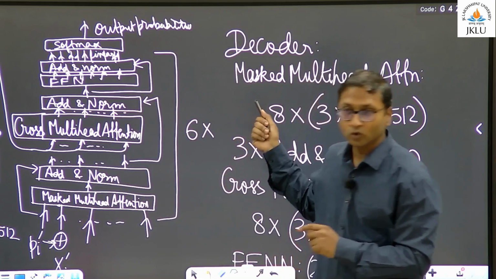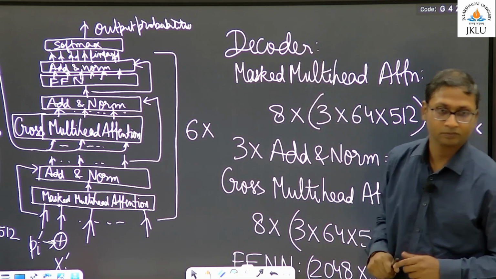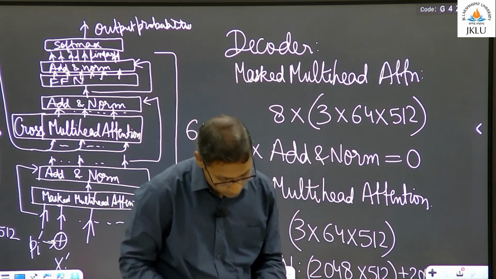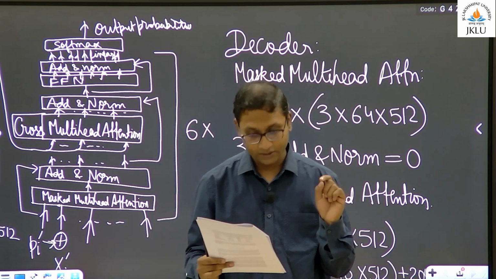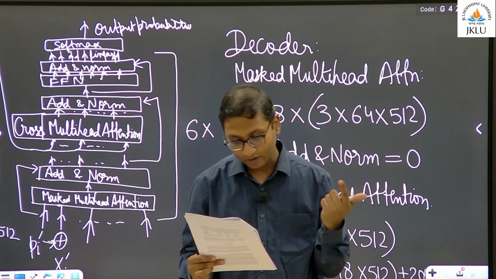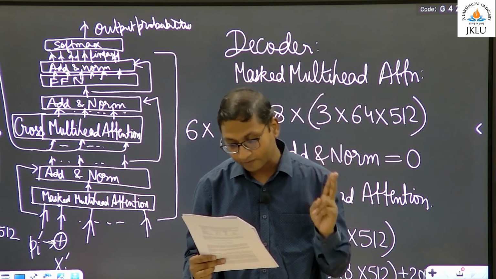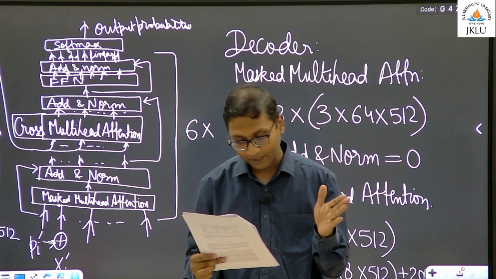It is 512 cross 25K. Because they say each training batch contained approximately 25K source tokens and 25K target tokens.